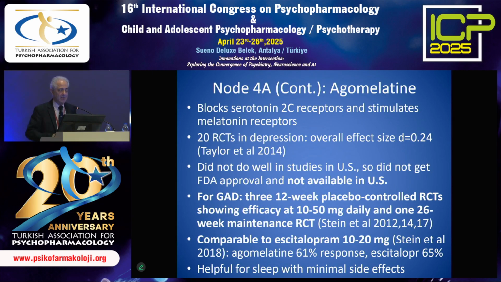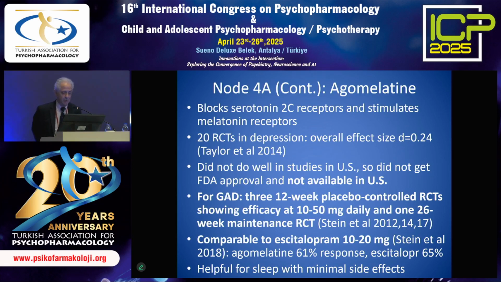Now, how about agomelatine? Agomelatine is not approved in the United States, but it is available in lots of other countries. It's had 20 randomized controlled trials in depression. The overall effect size of those studies is small, 0.24, which may be why it is not approved in the United States.